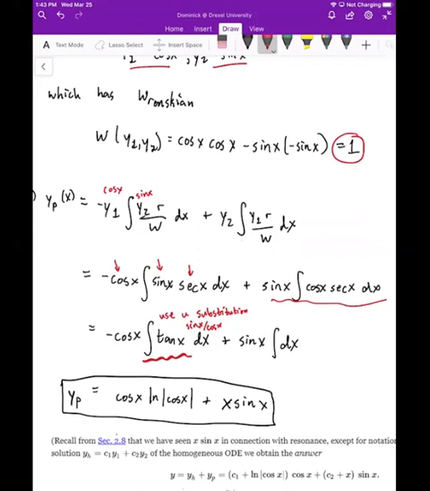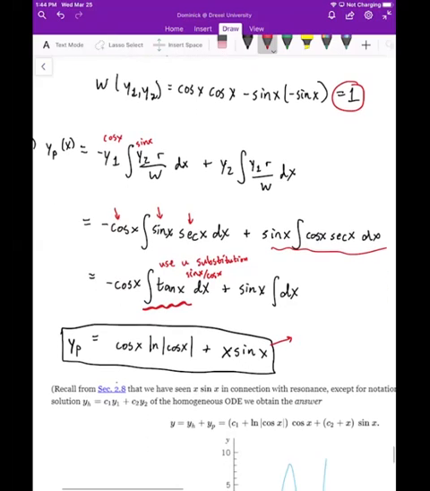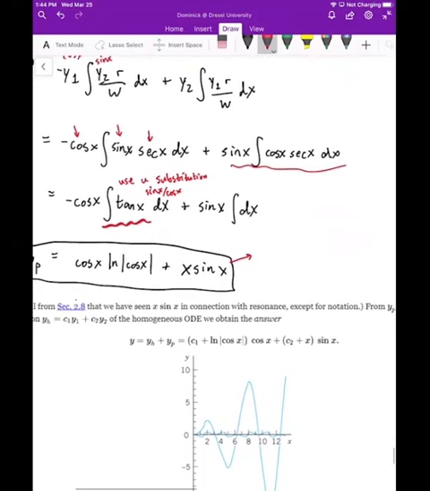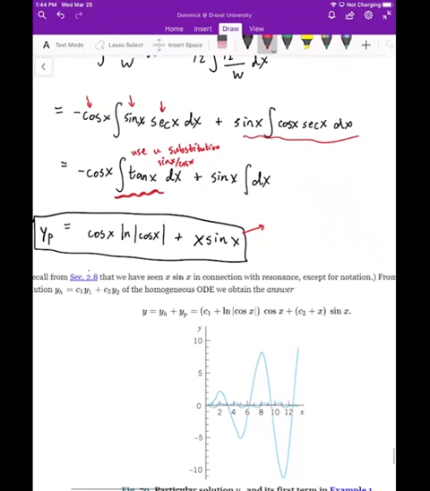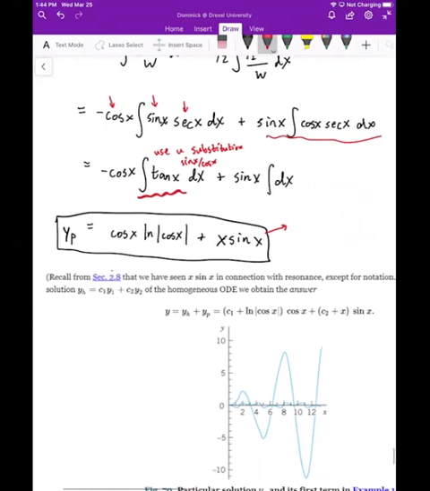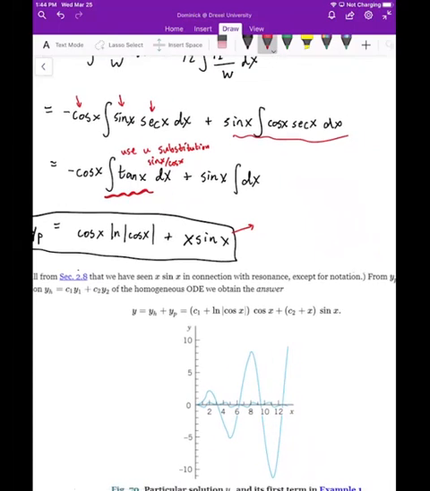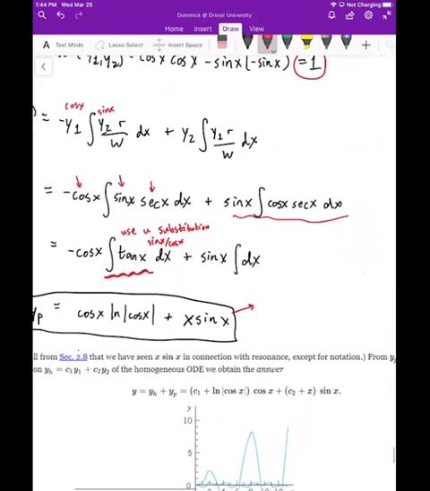So then you can get that the particular solution here is going to be cosine x times ln of cosine of x plus x times sine of x. Right? So then you would get that the general solution is given by the homogeneous version, which looks like they combined it here.